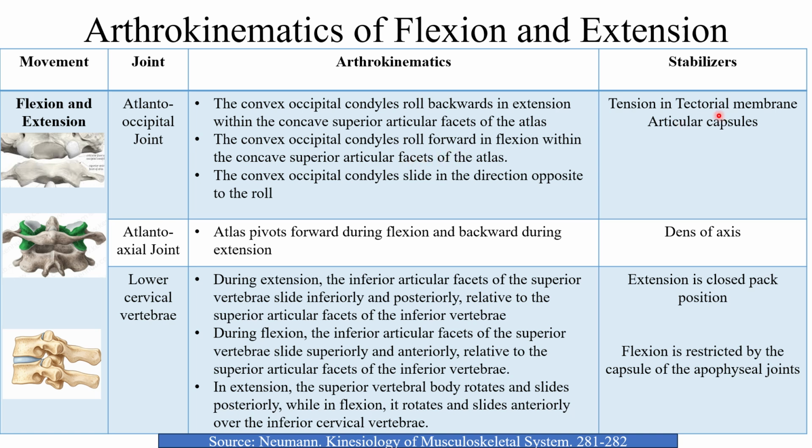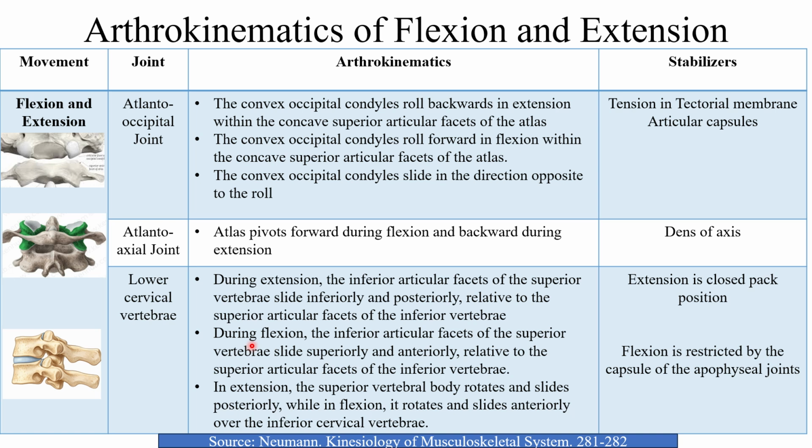So the stabilizers of Atlantooccipital joint movements are basically the tension that is generated in the tectorial membranes and the articular joint capsules. Looking at the atlantoaxial joint, basically the atlas pivots forward during flexion and backward during extension. Here, because the dens, which is the elevated structure of the axis, is present, that acts as a stabilizer to the movement.